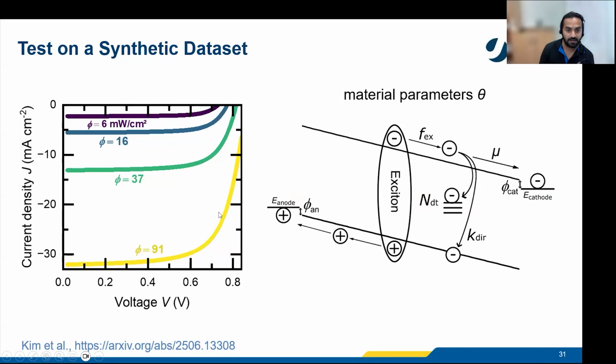And so here is an example of the test of this workflow on a synthetic data set. So here you have 4 different JV curves at different light intensities of an organic solar cell. And the idea is we want to estimate several of these parameters shown here.